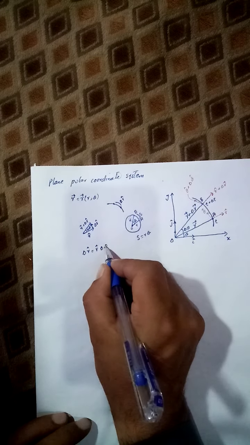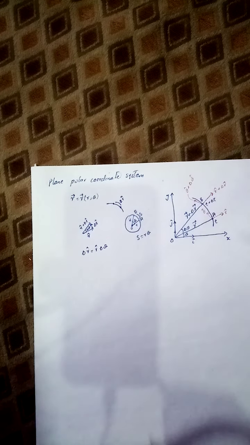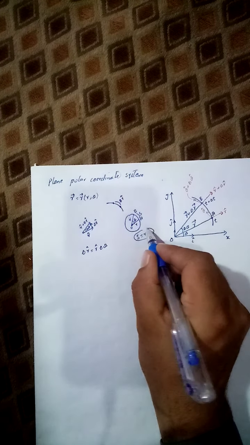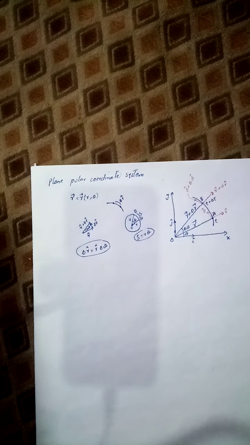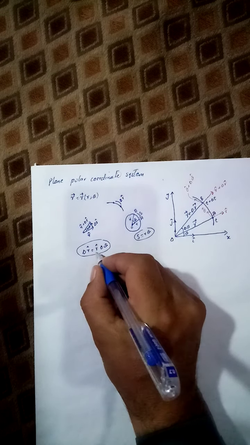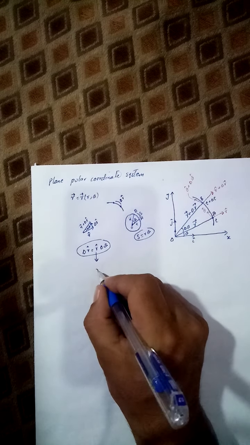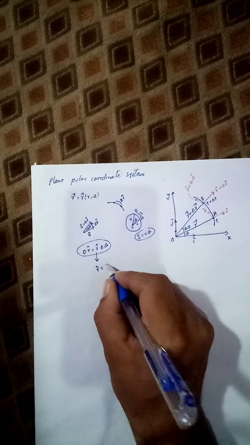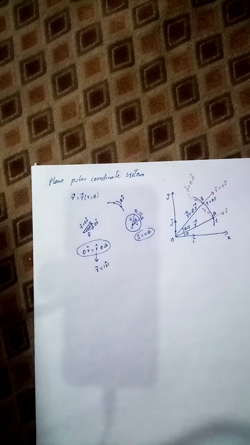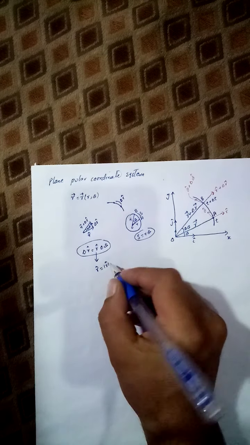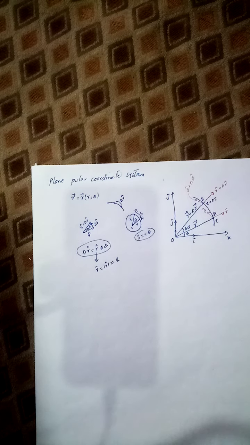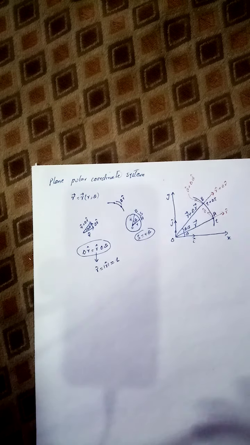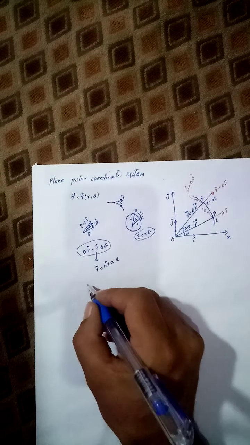Now this equation is a scalar equation. If it's a scalar equation, then this unit vector r cap is basically the magnitude of the unit vector. Then its value should be equal to 1, because we define a unit vector as a vector having magnitude equal to 1.